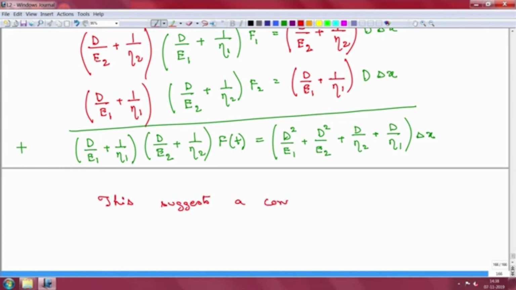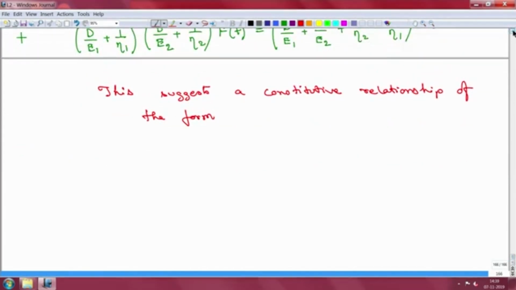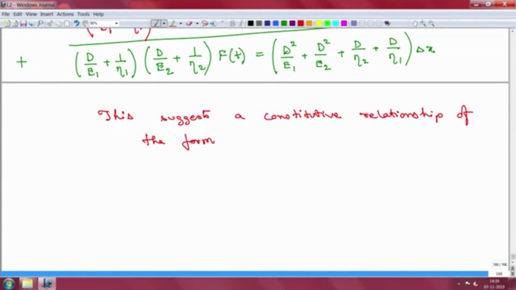a constitutive relationship of the form, okay. So, we can replace the F with the stress.